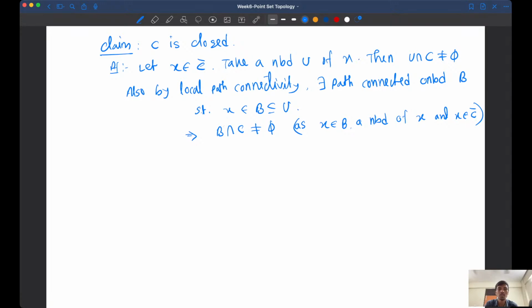So B and C both are path connected, their intersection is not equal to phi, so B union C is path connected.